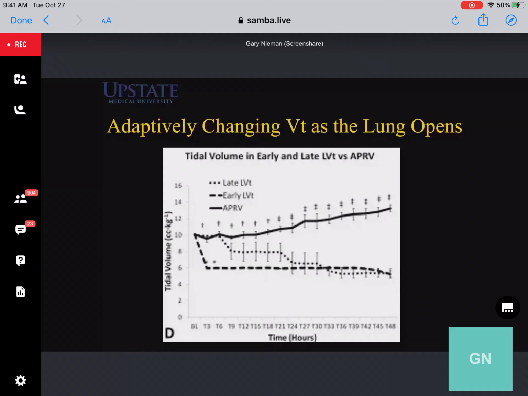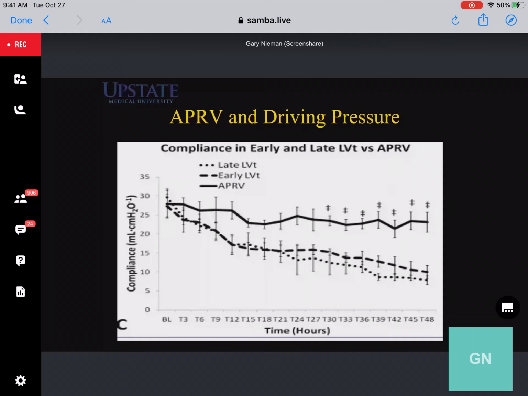And what we saw is that all of the animals started out with a tidal volume of 10. And then over time, as I mentioned, the tidal volume in the TCAV group went up to 12. And of course, the tidal volume by definition of the low tidal volume group was 6. However, when we look at compliance, again, we all start out with normal compliance, and this is normal compliance for a 30-kilo pig, much lower compliance than humans, of course, but this is the normal range.